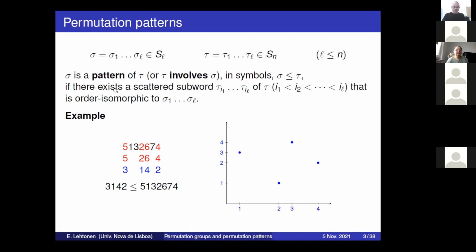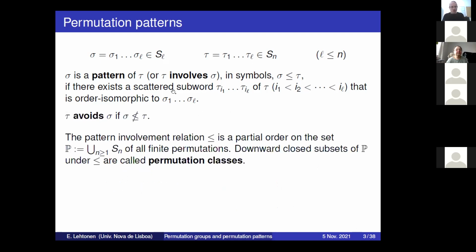So this pattern involvement relation is a partial order on the set of all finite permutations. And downward closed subsets of this pattern involvement relation are called permutation classes.